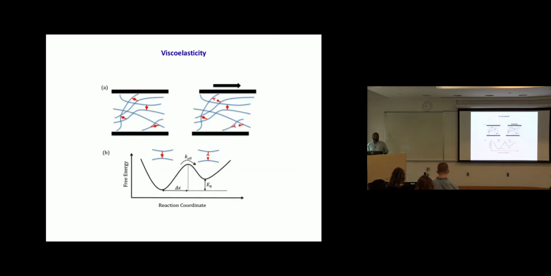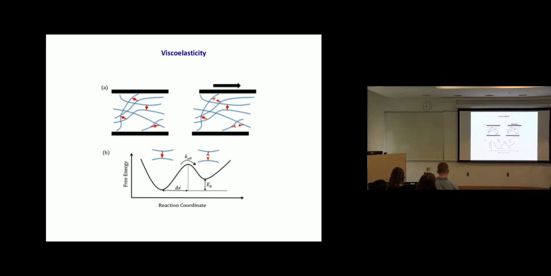Imagine that I took this material, applied a certain amount of shear and kept that shear fixed, meaning I deform it like this and keep the deformation fixed. Then what I'm trying to figure out is how much force I need to keep that level of deformation. As soon as I pull it, none of these crosslinkers are broken, so you will get a high stiffness.